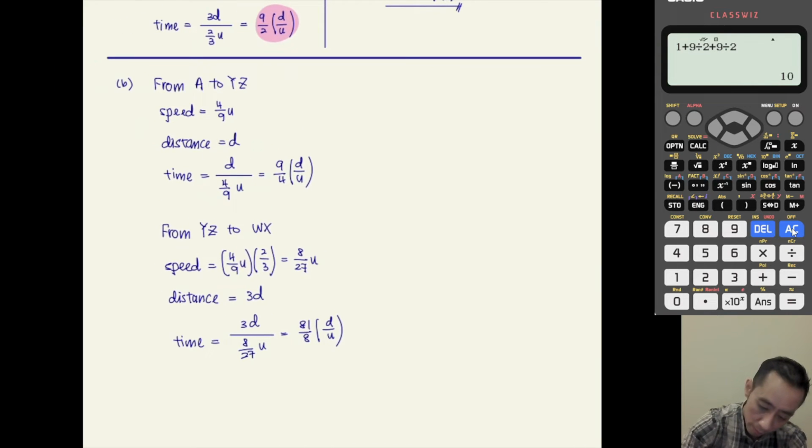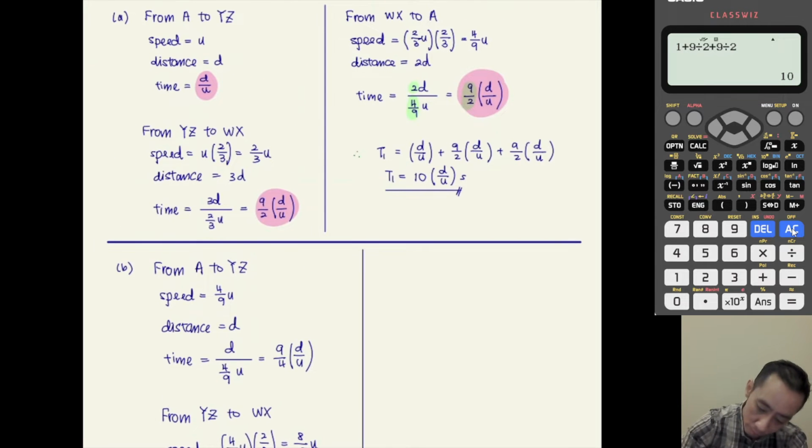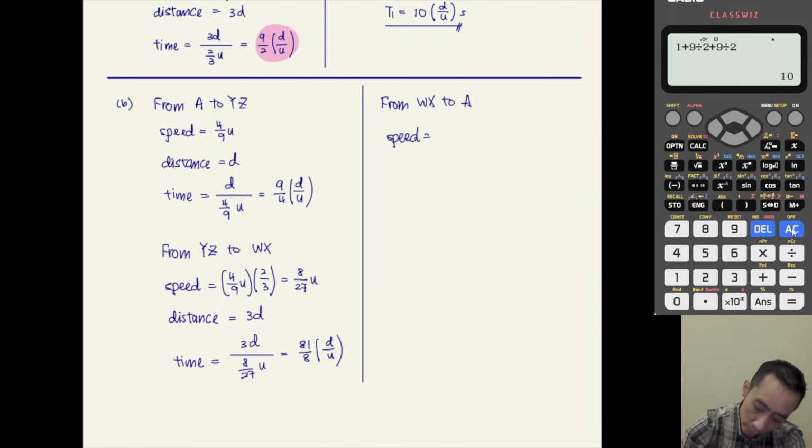Okay, then next. Same process, different values. So from WX, go back to point A. So the speed: the initial speed now is 8 over 27u. Then multiply with 2 over 3, so here I have 16 over 81u.